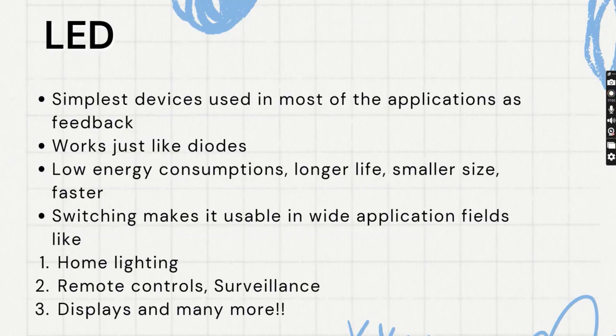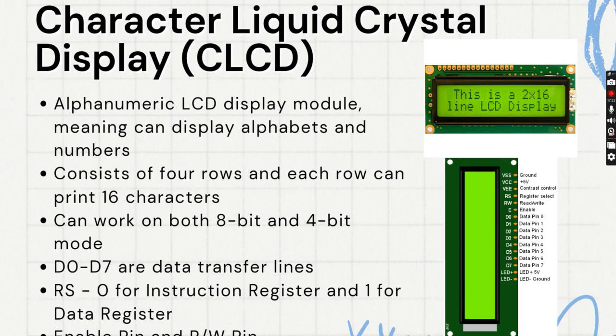It is used for many reasons: it uses very little energy, has a longer life and smaller size, and it is faster. It is used almost everywhere in our day-to-day lives, in home lighting, remote controls, surveillance displays, and many more. It has a wide range of use cases.